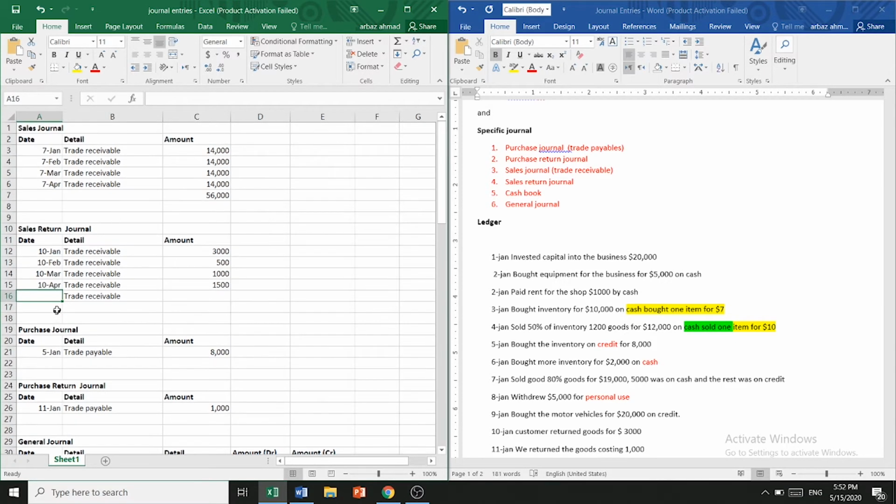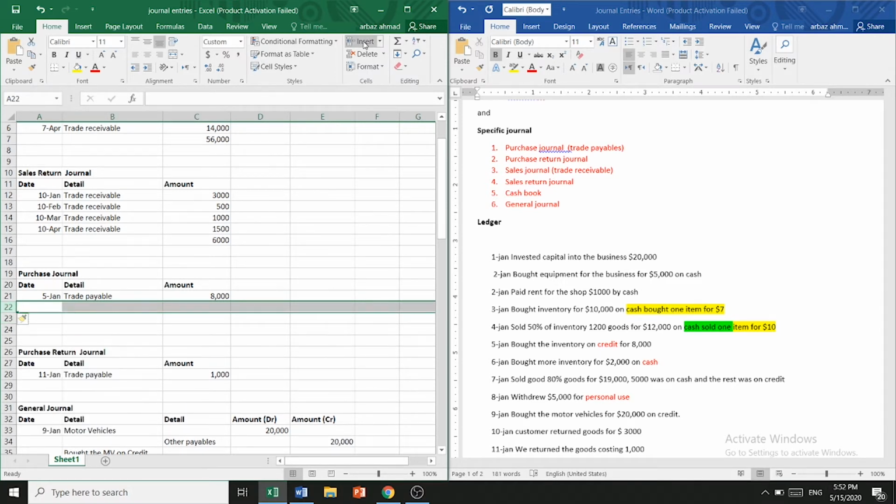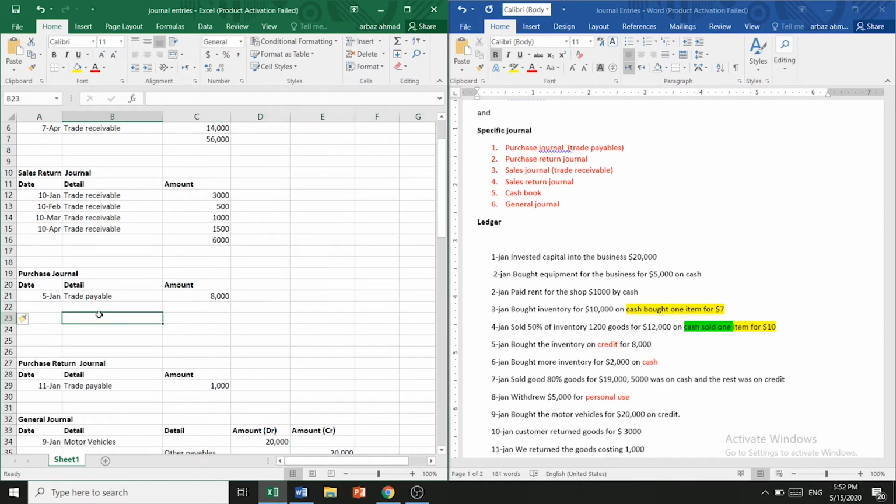I think there is one exceeding, so we are just going to delete it. Again, we are going to total the amount, and do the same thing with this also. The reason I am doing this is because I want to demonstrate the difference between the special journals and the normal journal.